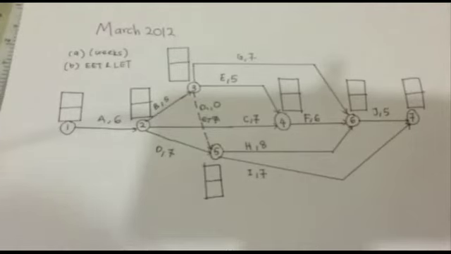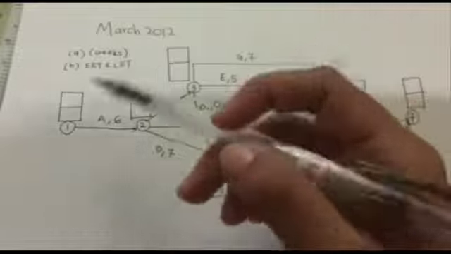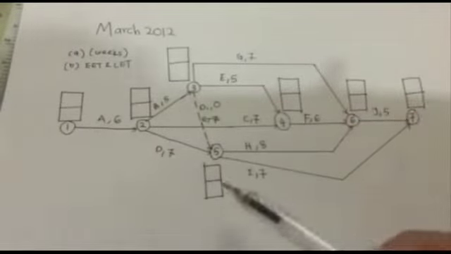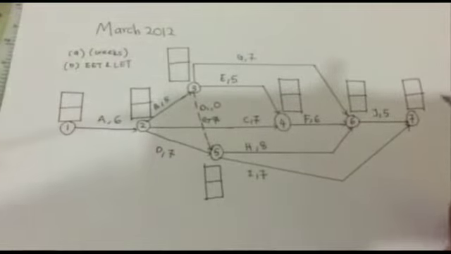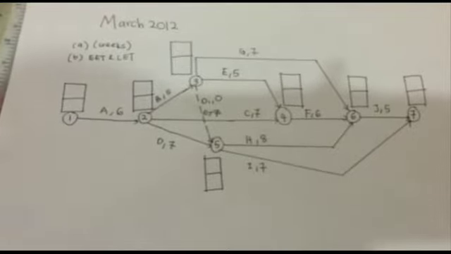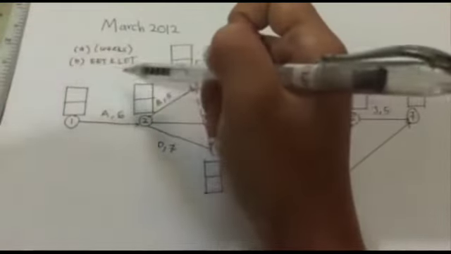Next, I will continue with question B, which is calculate the earliest event time and latest event time for each event. I have drawn the table for each event, so it will be easy for me to explain.